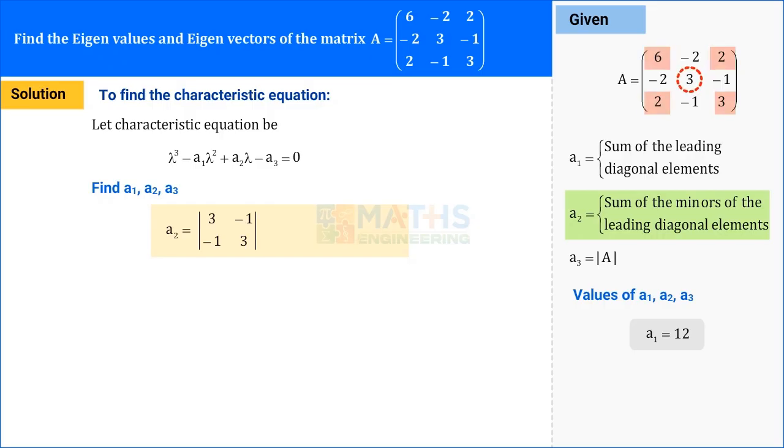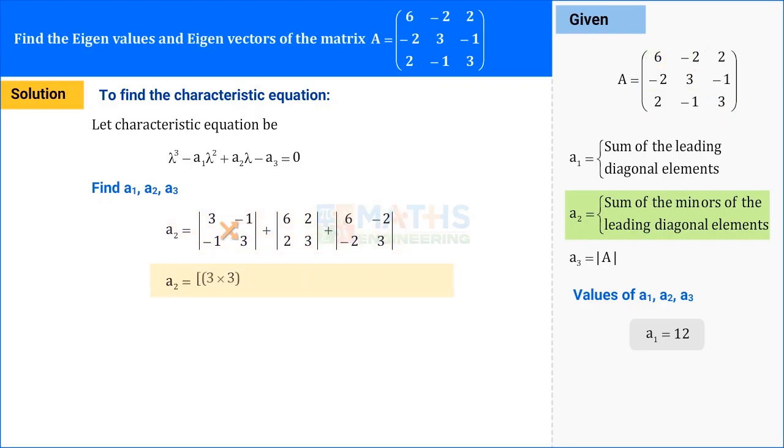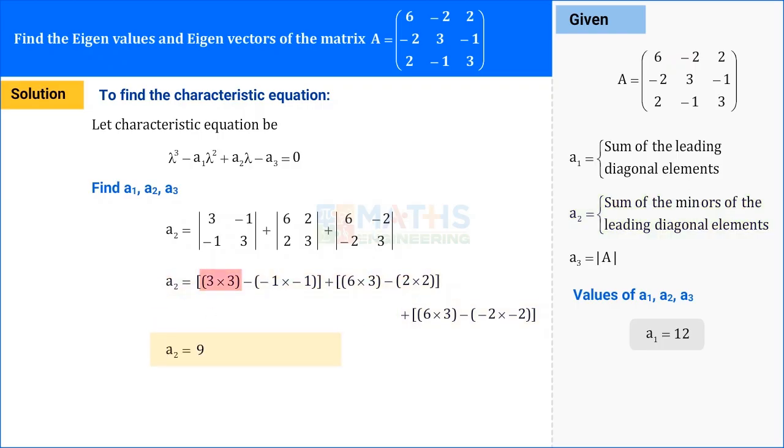Similarly, we find the minor of the remaining leading diagonal elements 3 and 3. Now, we cross multiply these 3 minors and eliminate. Now we get the value of A2 is equal to 36.